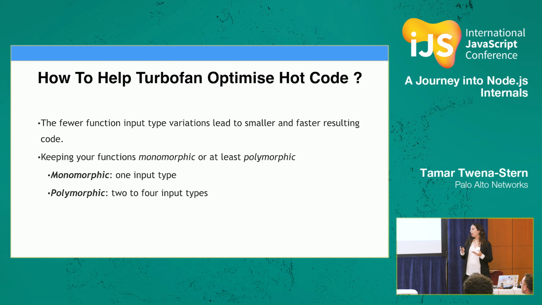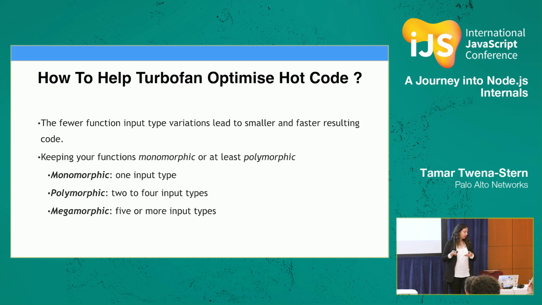A little bit of definitions. Monomorphic means one input type, meaning 5 parameters, all of them dates or all of them integers. Polymorphic is 2 or more input types, 2 to 4, I'm sorry. And megamorphic is more than 5. Now, the next thing I want to say is please write idiomatic code, meaning code that you can understand easily, code which explains itself.